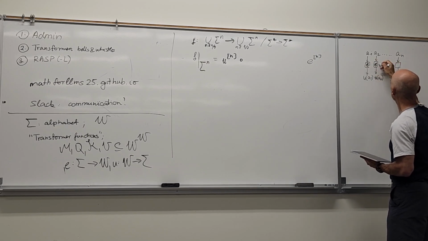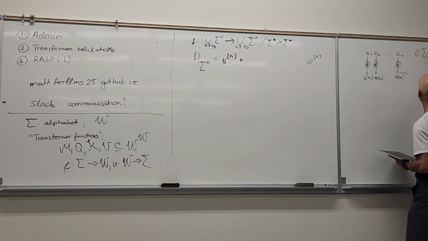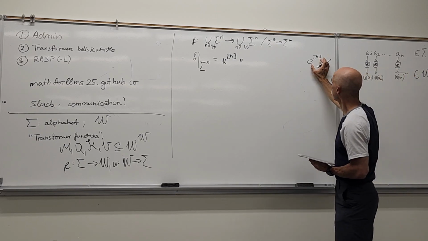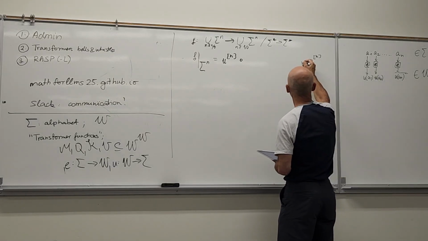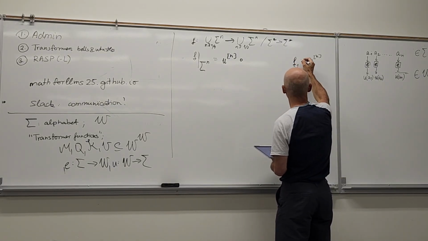With the embedding function, elements of sigma^n are transformed to elements of W^n. This just denotes that this function is applied component-wise. And then a bunch of transformer layers are applied.